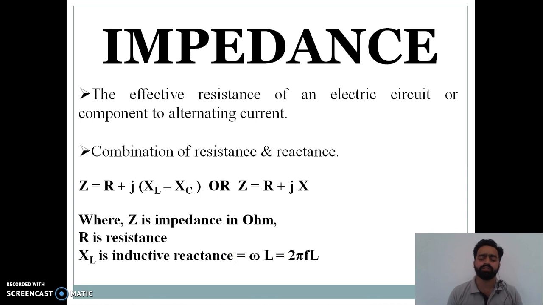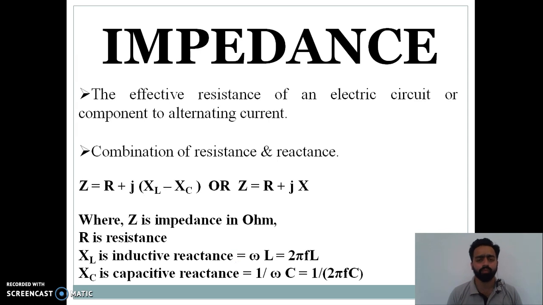XL is inductive reactance, which is given by omega L, where omega is angular velocity and it is equal to 2 pi f. So XL is inductive reactance, that is 2 pi fL, and XC is capacitive reactance, that is 1 upon omega C, that is 1 upon 2 pi fC. Now as the definition says, it is the effective resistance of an electrical circuit or component to alternating current, because when current is DC, XL and XC are neglected since the frequency of supply is 0.